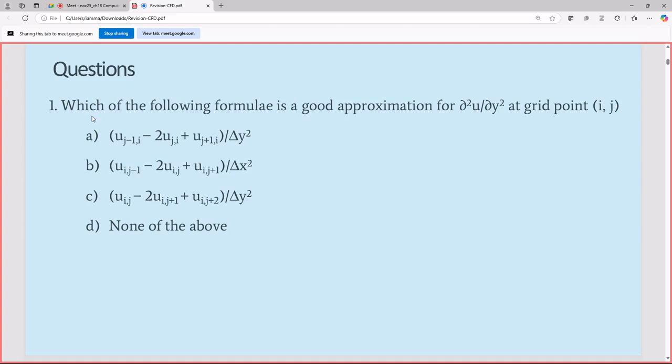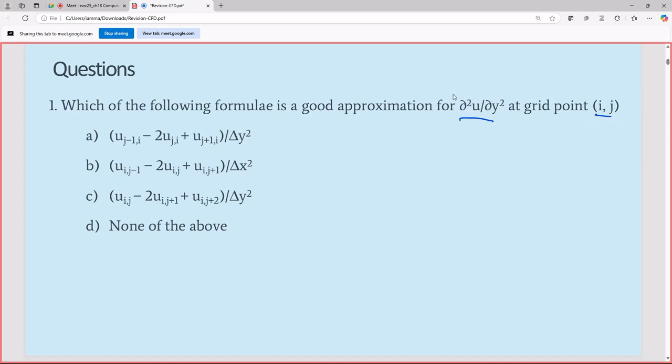First question is on discretization. Which of the following formulae is a good approximation of ∂²u/∂y² at grid point i, j?